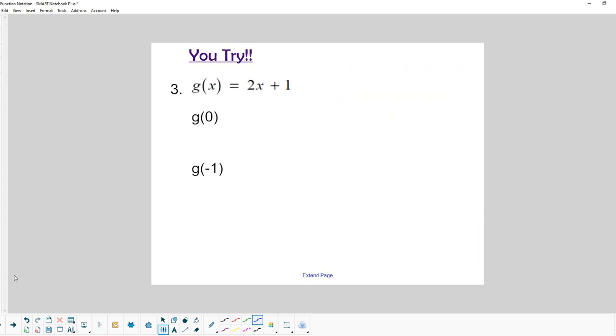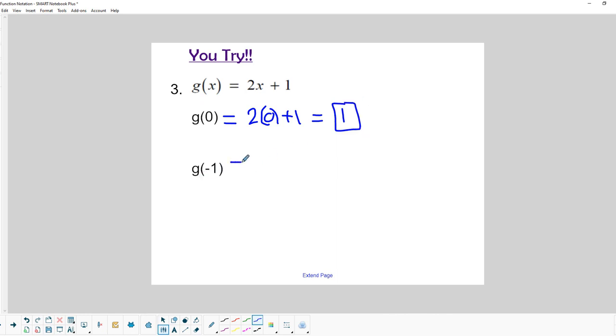Okay, well, here's one where instead of using f of x, we're using g of x, because we can use different letters, because g might stand for something else, growth or something of that nature. So we've got 2 times 0 plus 1. So 2 times 0 is 0, 0 plus 1 is 1.